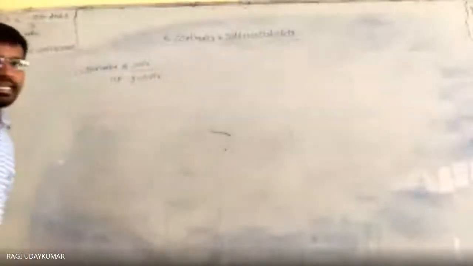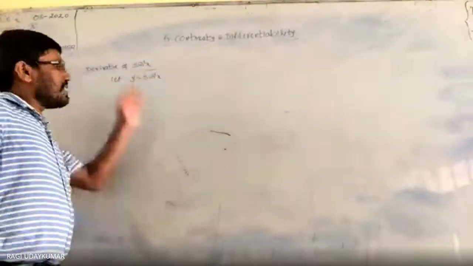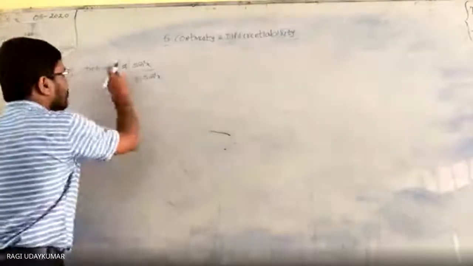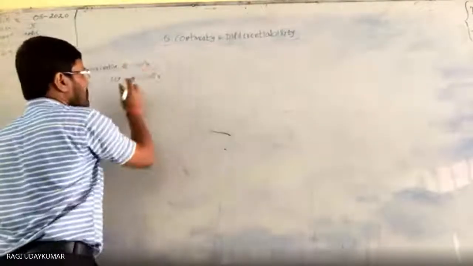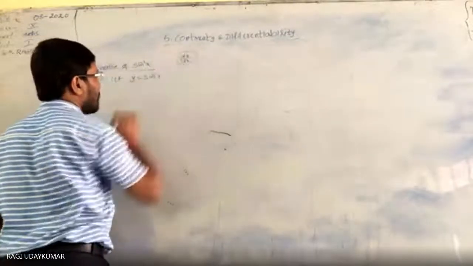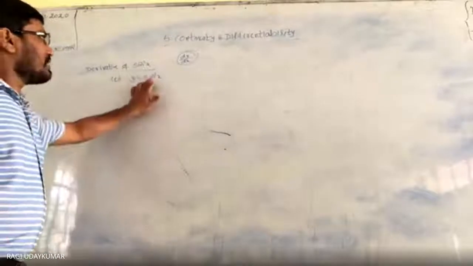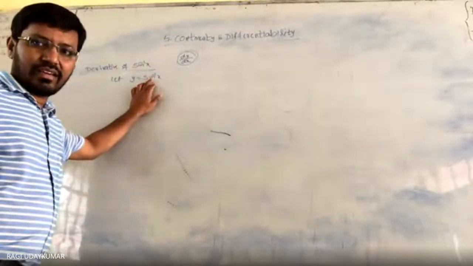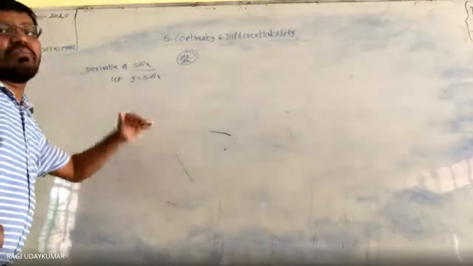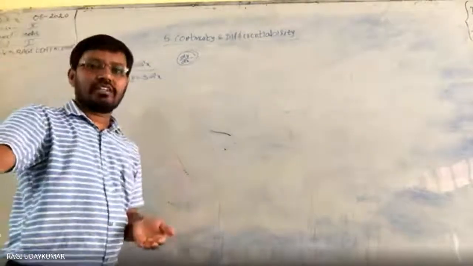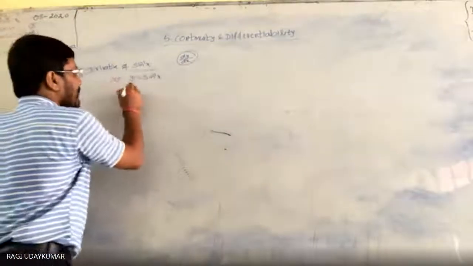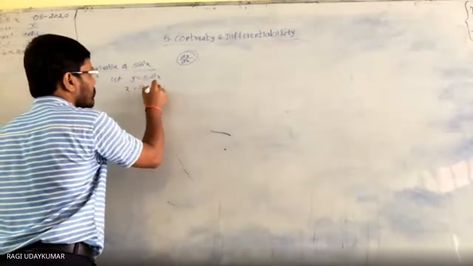Let y is equal to sine inverse x. We need to find dy by dx, but we don't know the differentiation of sine inverse x directly, so we are going to derive it. In the same way you can derive the remaining functions also. Now this can be written as x is equal to sine y.